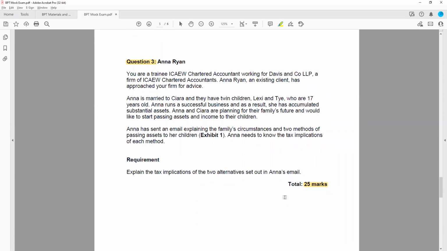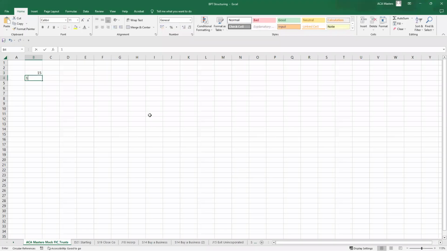So allocate the marks that way and then do your minutes per mark based on that. So 15 marks for the first part, 10 marks for the second part, multiplied by the 1.5 minutes per mark will give us a time that we're going to spend on each section.